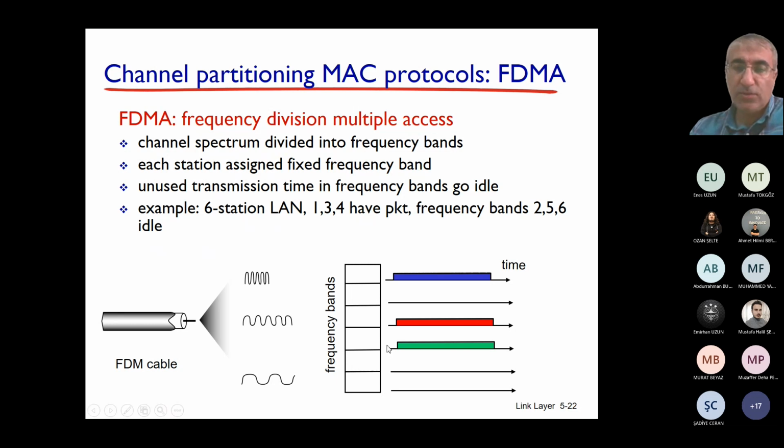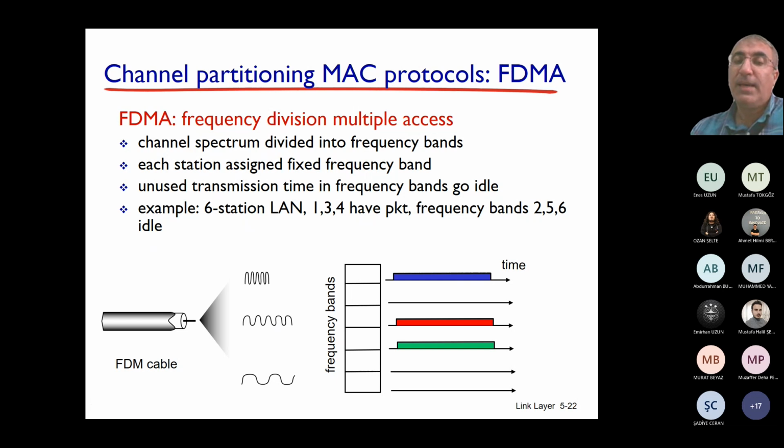In this case also, let's say this is a 12 megahertz channel, and I have 6 sub-channels. So I divide it into 6 pieces. That means each of them is going to be 2 megahertz.